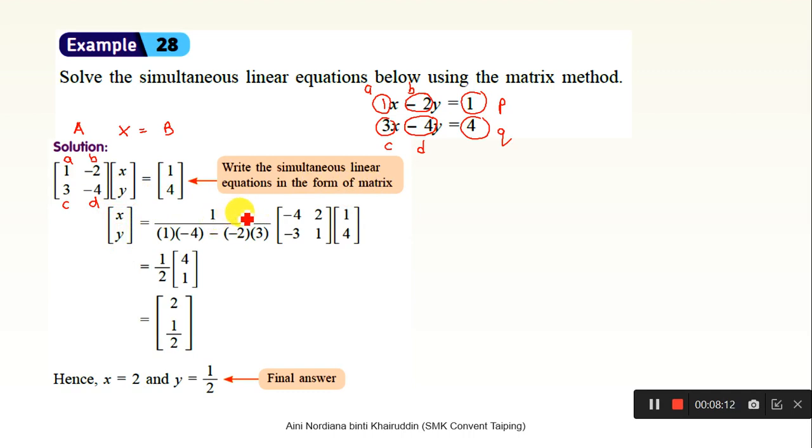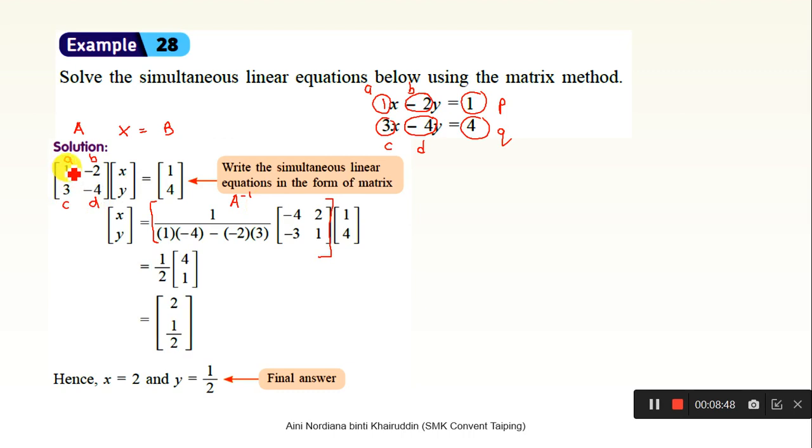We just calculate the inverse matrix of A, the inverse matrix of A times matrix B. So this is actually the inverse matrix of A. Remember how to determine the inverse matrix of A. We use this formula: 1 over ad minus bc, and this matrix.